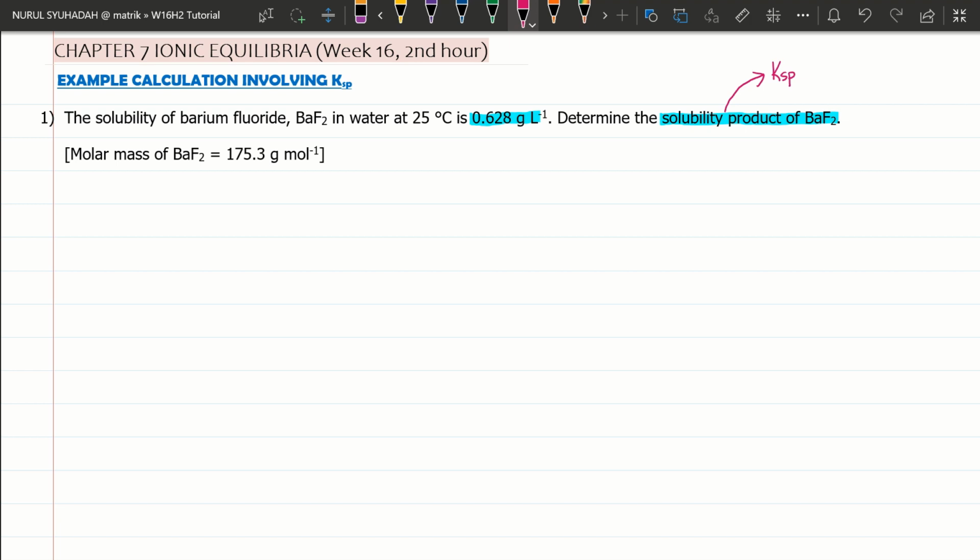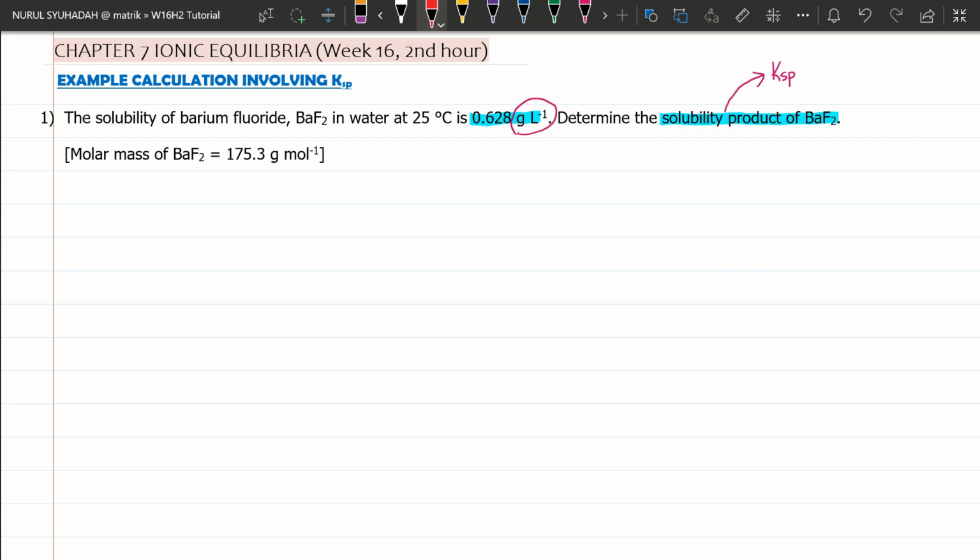Okay, so maksudnya yang ni adalah example yang sebelah kiri tadi. So, yang kita ada dekat sini adalah solubility dalam unit gram per liter. So the first thing that you need to do is change this into molar solubility. Okay, so itu adalah step pertama awak.